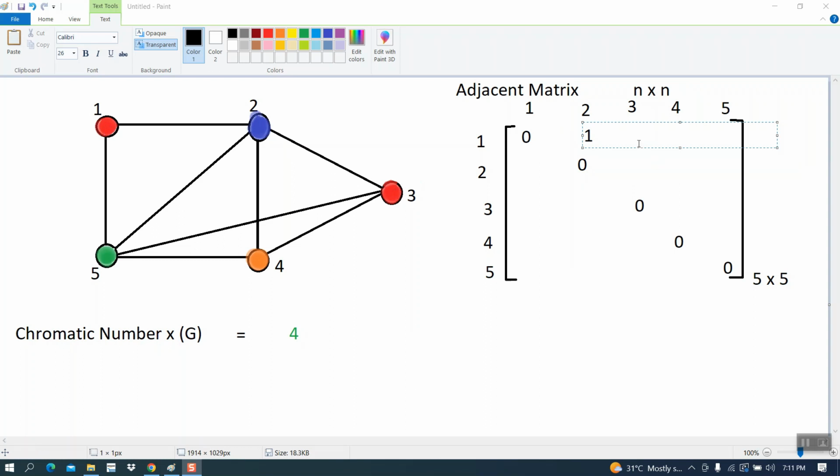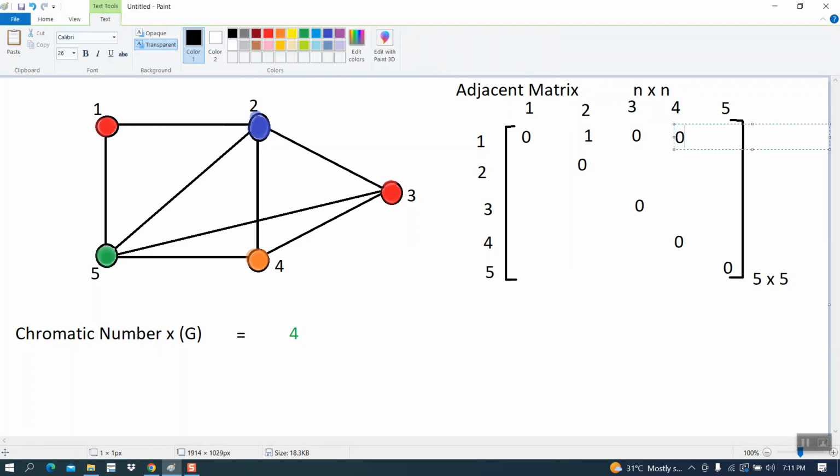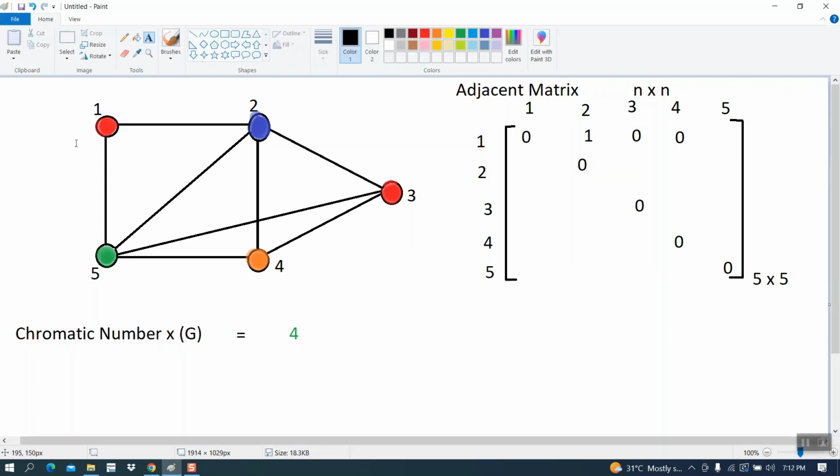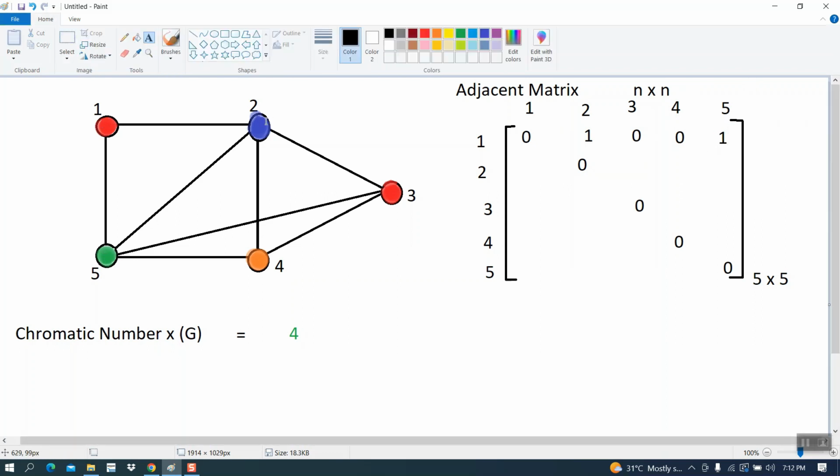So 1 to 3 we put 0. 1 to 4. 1 does not contain any direct edge to number 4 vertex. So 1 to 4 is 0. Then 1 to 5 we have one edge, 1. Then 2 to 1, yes, 2 can reach number 1.